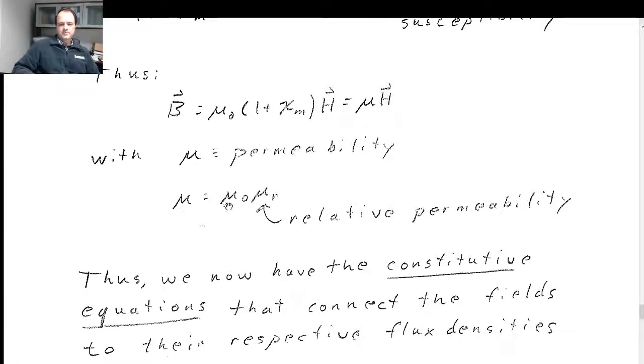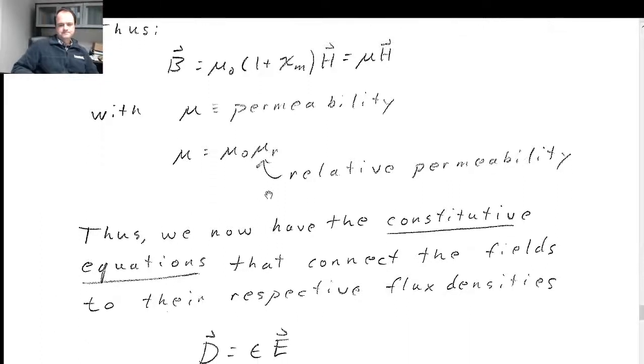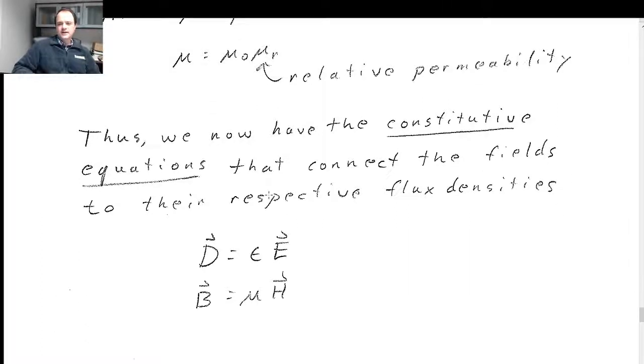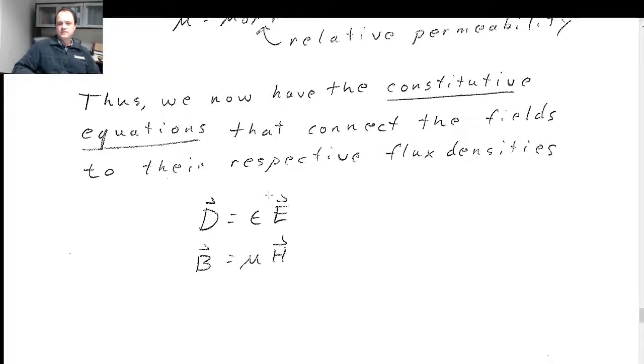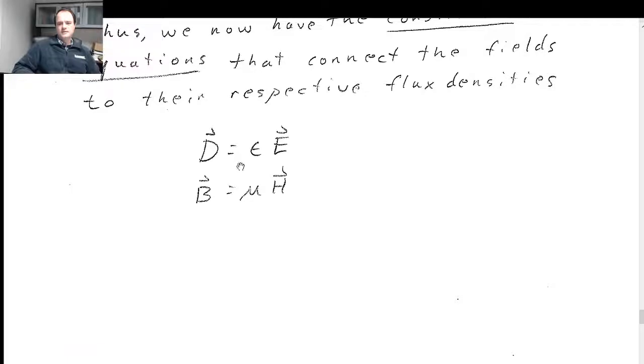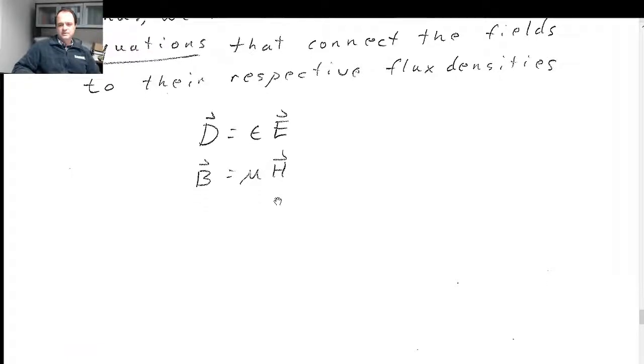It can be expressed as mu is equal to mu naught mu R, where mu naught is the permeability of free space, 4 pi times 10 to the minus 7 henries per meter, and mu R is the relative permeability. Thus, we now have the all-important constitutive equations that connect the fields to their respective fluxes. D is equal to epsilon E, B is equal to mu H.